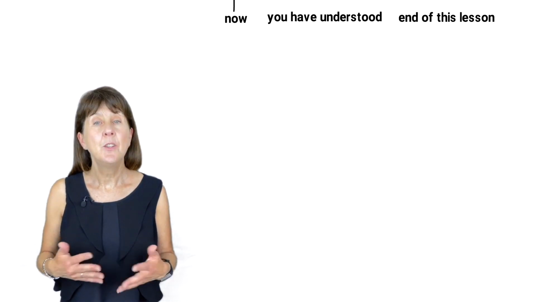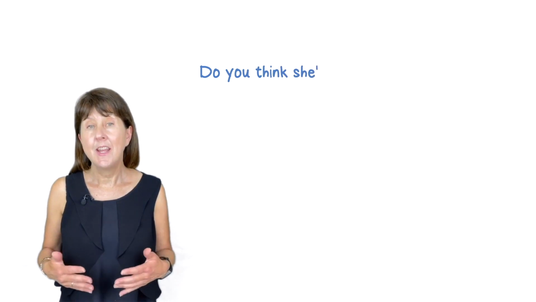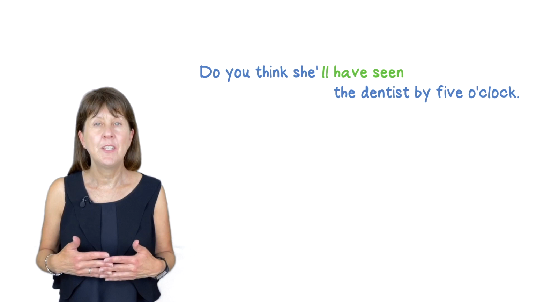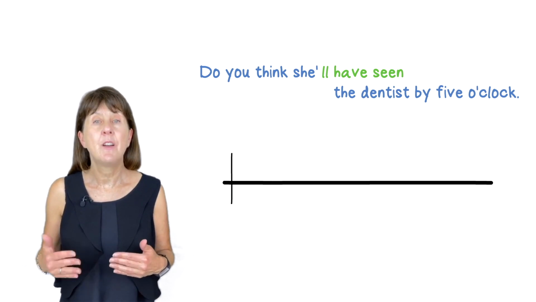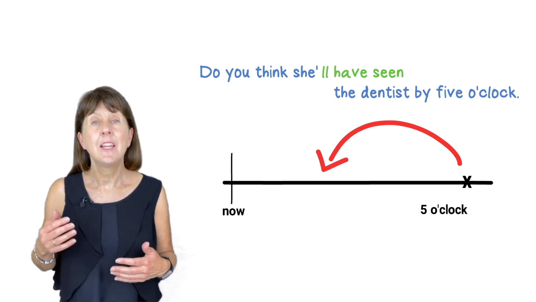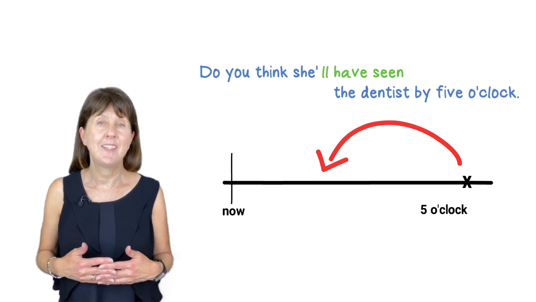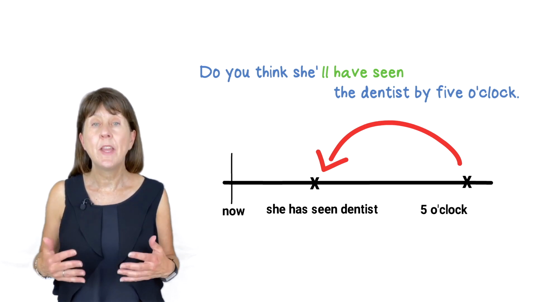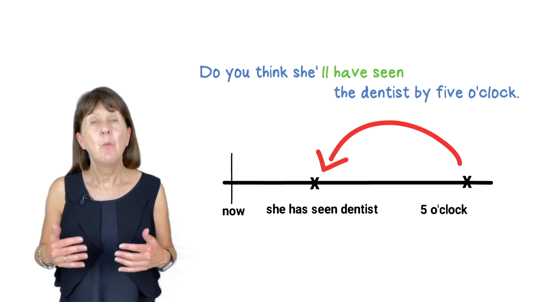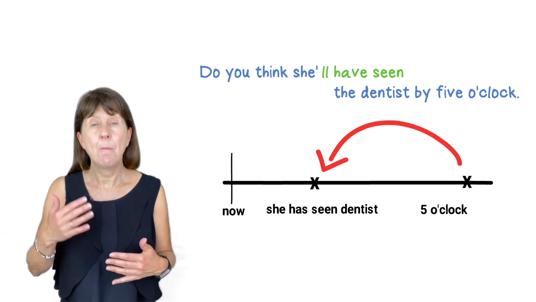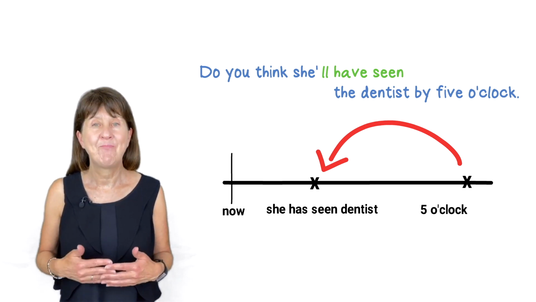Or, do you think she'll have seen the dentist by 5 o'clock? So again, on a timeline, imagine it's 5 o'clock and you're looking back to the past and she has already seen the dentist. The future perfect tense is used for talking about an action that will be completed between now and some point in the future.